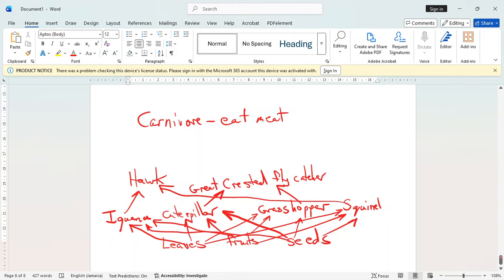All right, so they feed on other animals. So who is doing that? So we said the hawk can be one, and the great crested flycatcher.